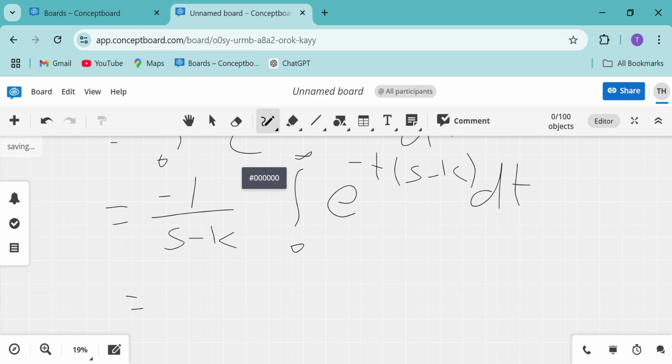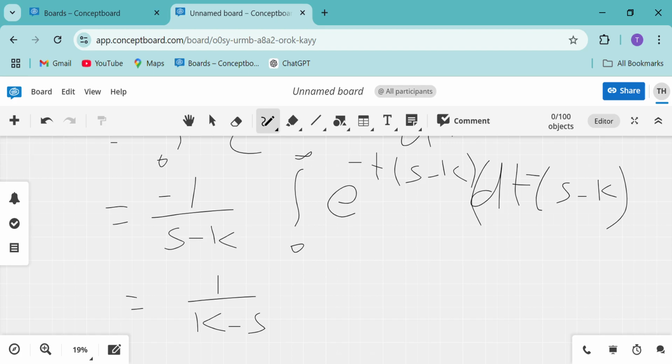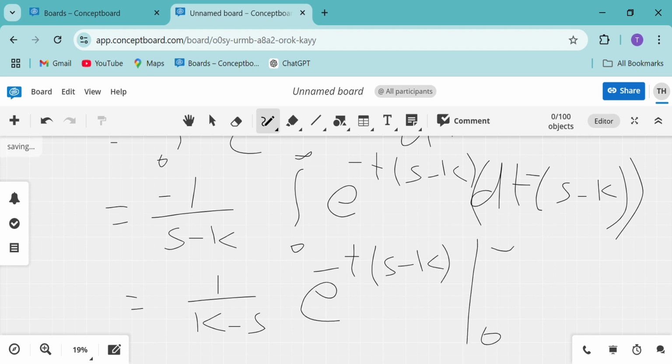This minus is due to the exponential. Now here we have the differential of the exponential term, so I will write exponential minus t times s minus k, and our limit is 0 to infinity.